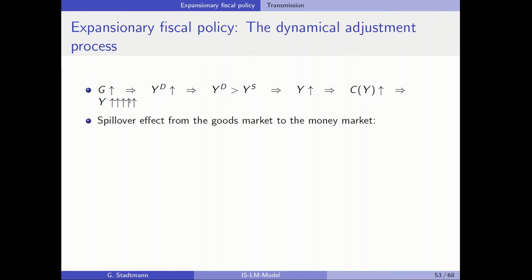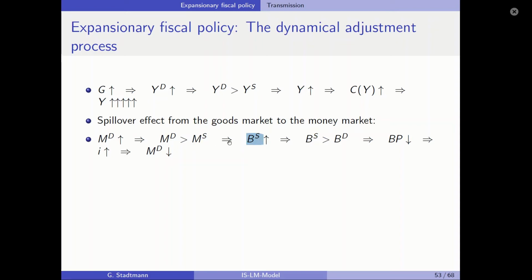But then we have to think about the spillover effects from the goods market to the money market. In case GDP increases, money demand is affected. Money demand is larger than money supply. When money demand is larger than money supply, this will lead to a situation where the private households want to hold more money. Where do they get the money from? They get it from the bond market.